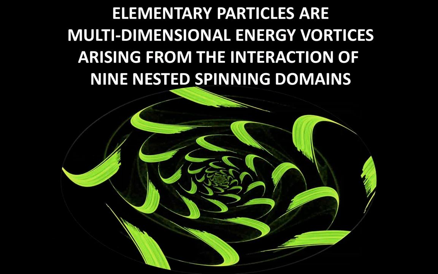With repeated applications of dimensional extrapolation, we find that nine dimensions are sufficient to describe the geometry and dynamics of elementary particles. Applying the logic of the calculus of distinctions to this nine-dimensional reality, we find that mass is a manifestation of energy, and as Max Planck said, there is no matter as such. Elementary particles are multidimensional spinning vortices of energy arising from the interaction of the nine nested spinning domains of space, time, and consciousness.